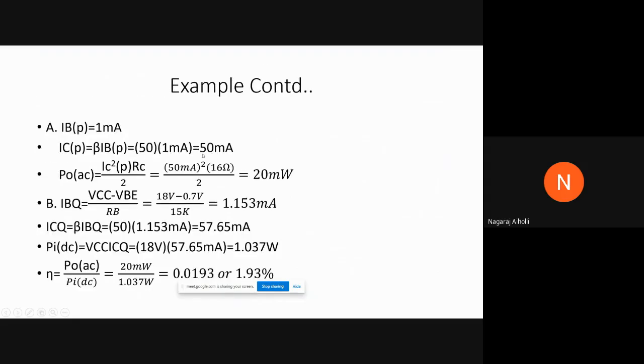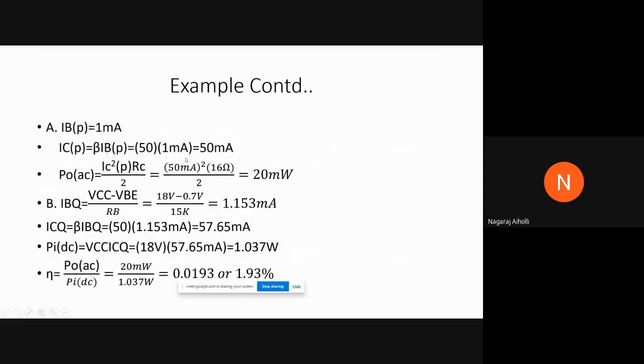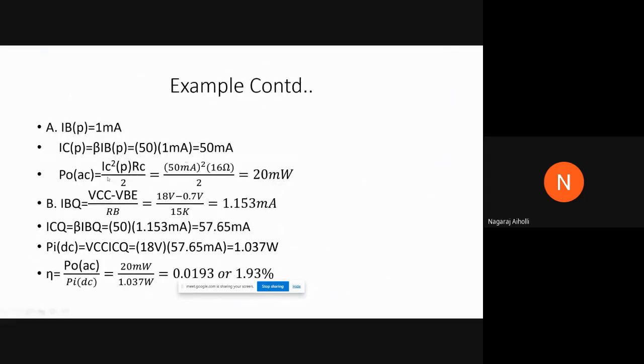The equation for the maximum AC output power is given by IC peak squared into RC divided by 2. We know the value of IC peak, just now calculated, that is 50 milliampere.